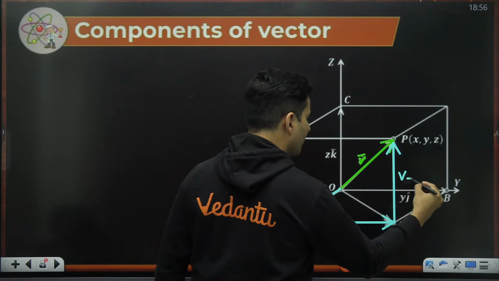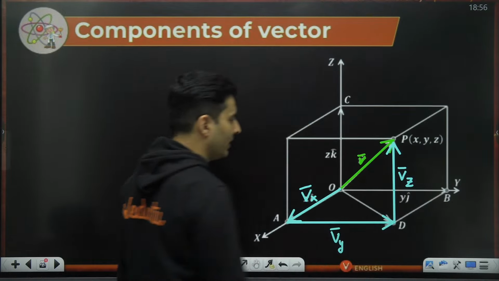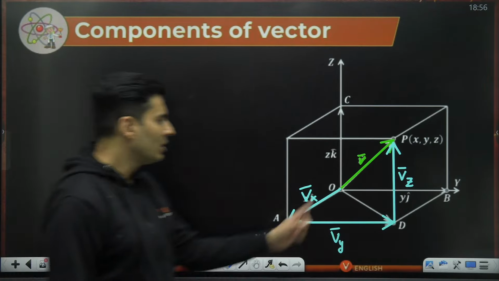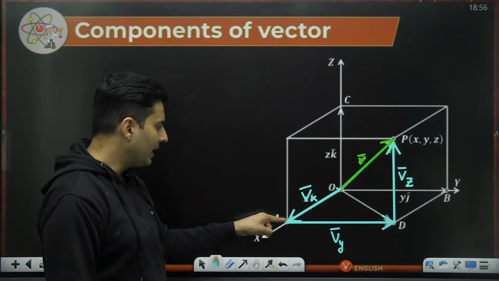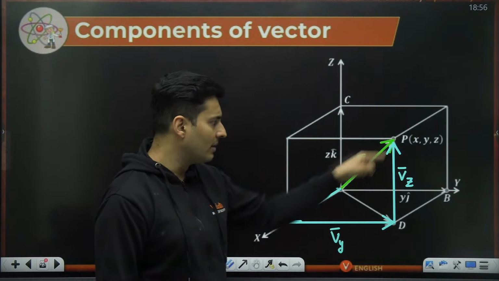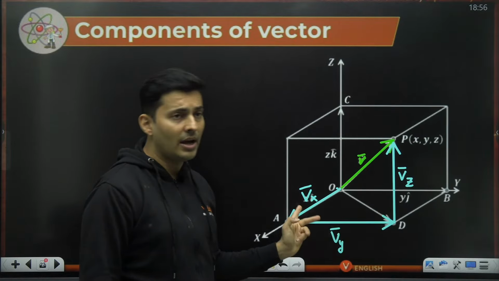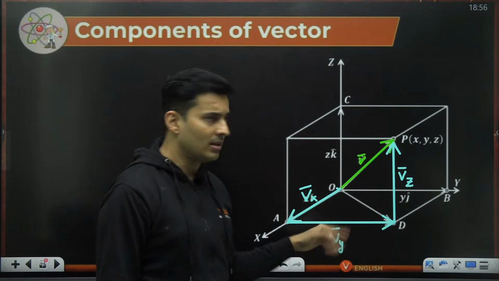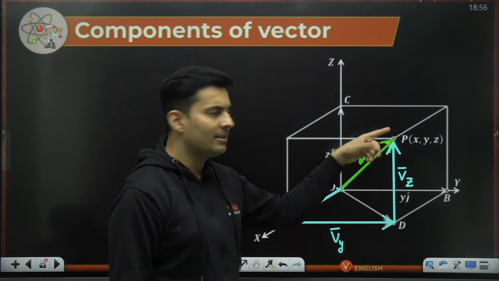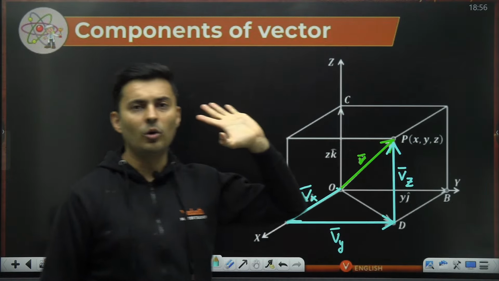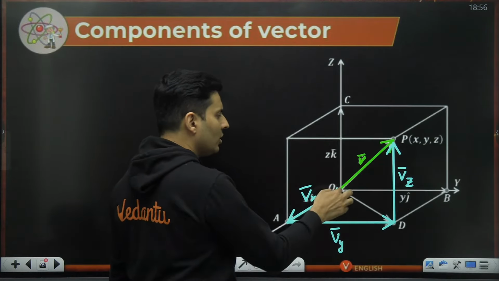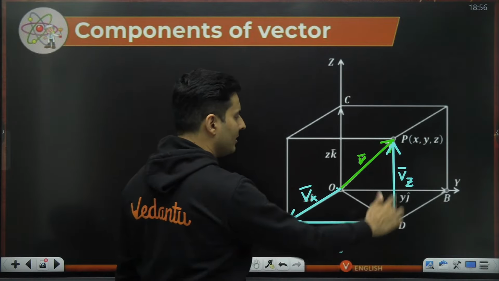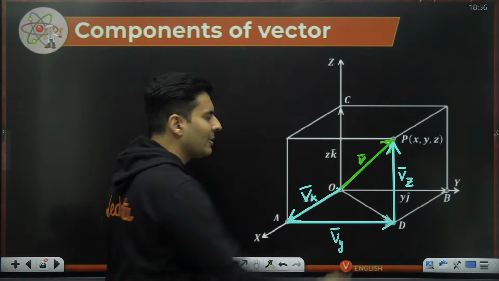So this is basically your Vz component. So our original vector, you start with the tail, start going like this, then like this, continue the same flow. Don't break the flow. Don't change the arrow mark or else you will get messed up. Okay. X, then Y, and then Z, and you are finally reaching the end goal. So just imagine an ant crawling like this from here to here. You can make the ant go like this, then like this, then like this. So X, Y, and Z, three components.